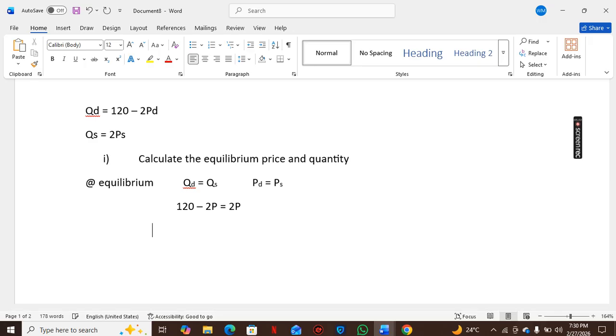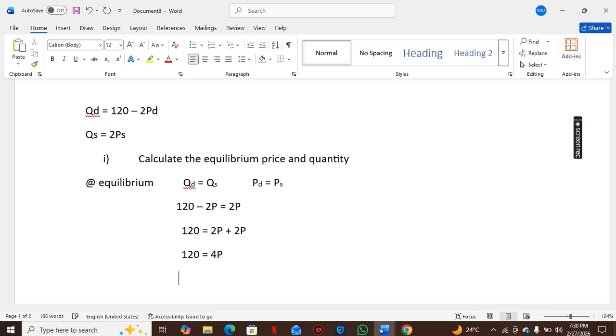Collecting the terms together, we're going to have 120 equals 2P plus 2P. 120 equals 4P.